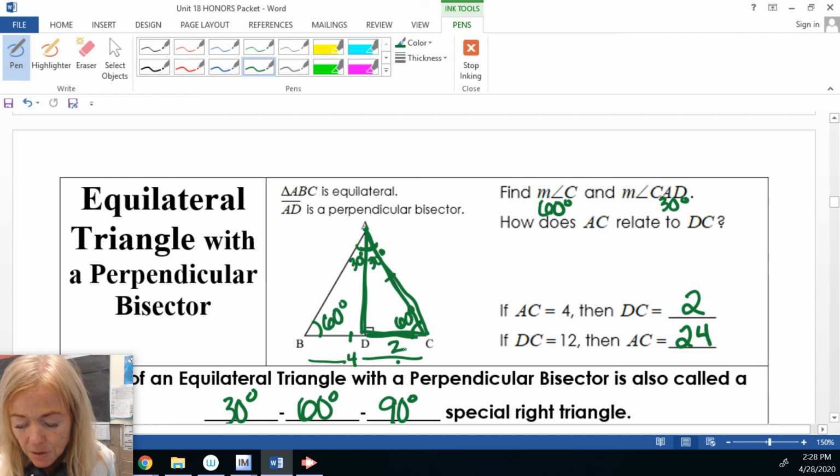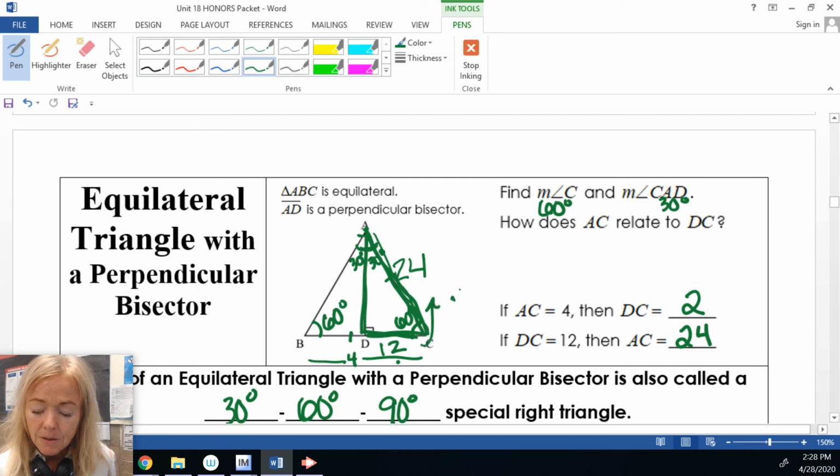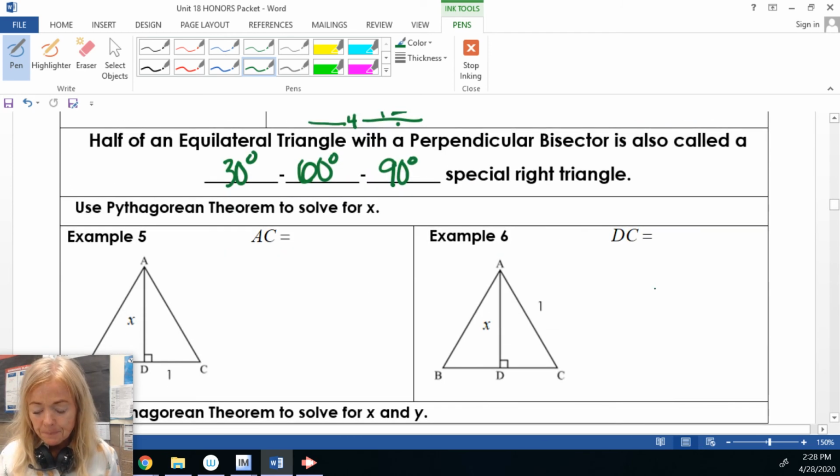If DC is 2, the hypotenuse is 4, right? And then if DC is 12, AC is 24. The hypotenuse of this 30, 60, 90 triangle is always twice that other leg. And that makes a 30, 60, 90 triangle.